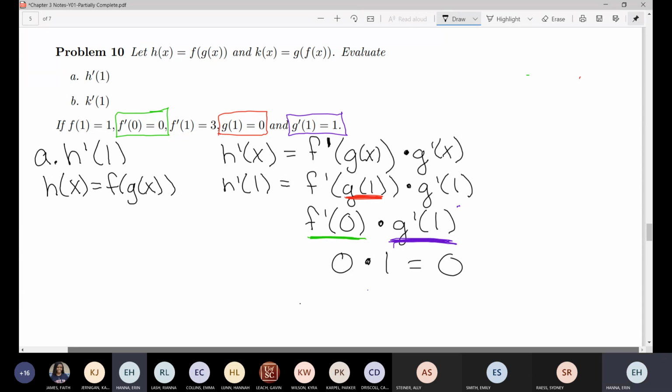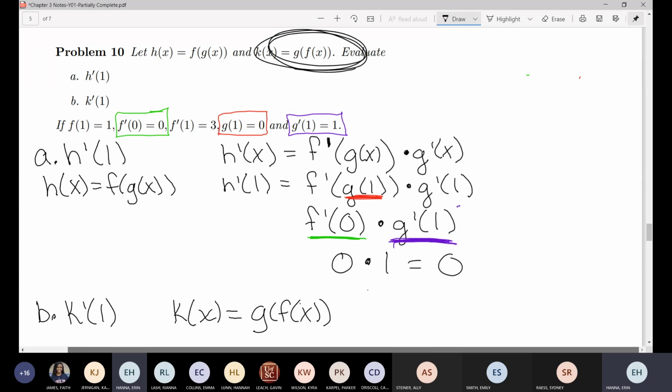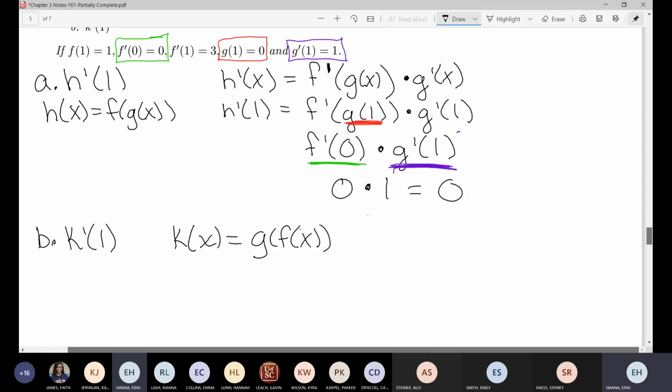If I really quickly want to do the other one, now we want k prime of 1, where we're told that k of x is g of f of x. And now I'll scroll down because that was up here, but now that I've written it down, I don't need it anymore. What is k prime of x?